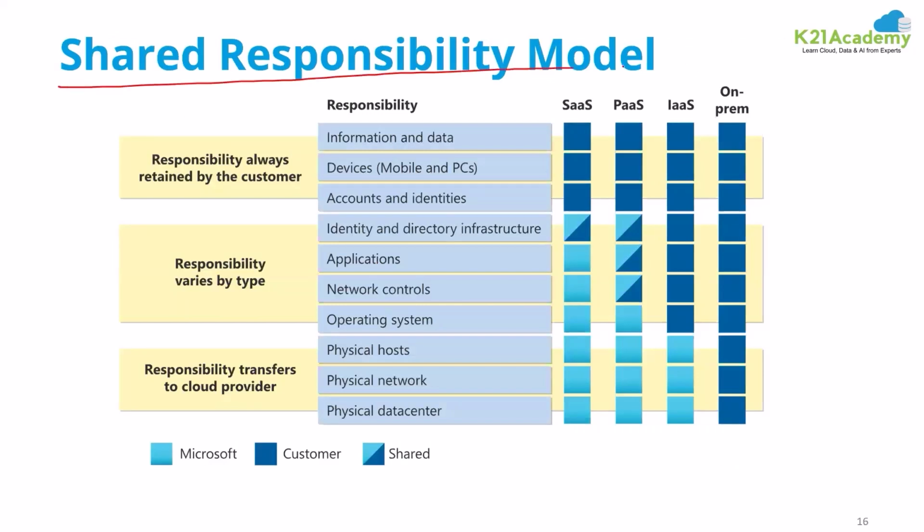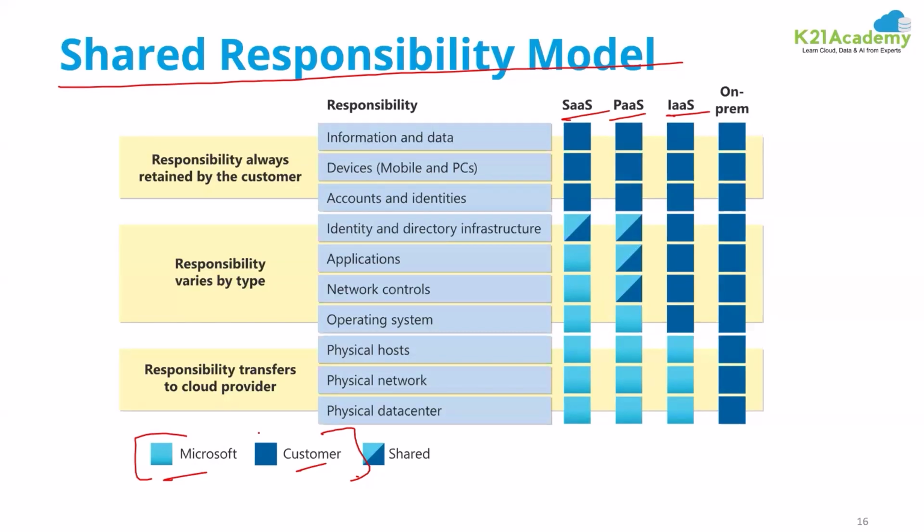Shared responsibility model: infrastructure as a service, platform as a service, and software as a service all come under the shared responsibility model, because that is where the customer and Microsoft, the provider, share responsibilities when it comes to the management of these services.